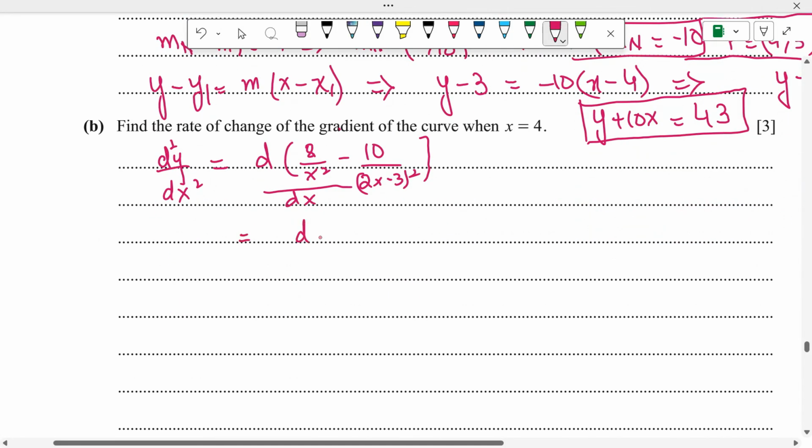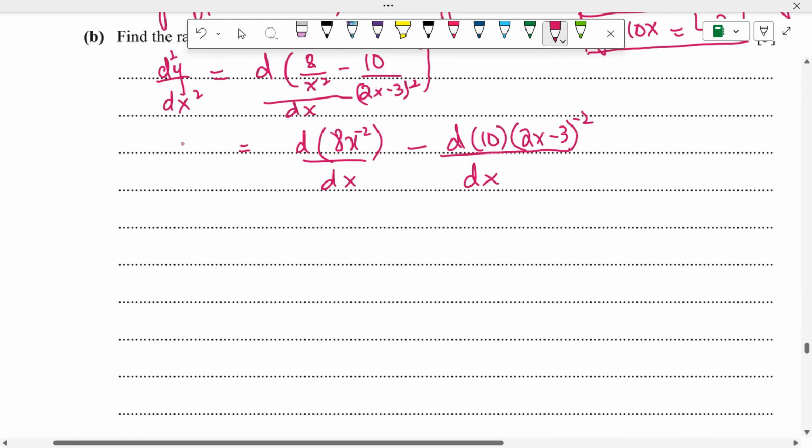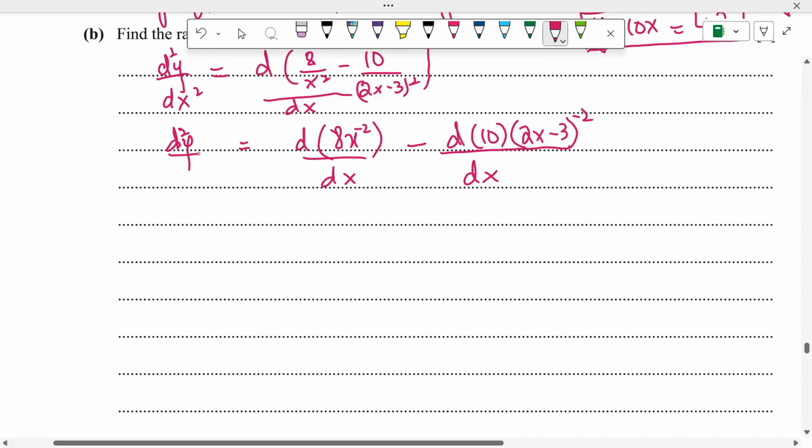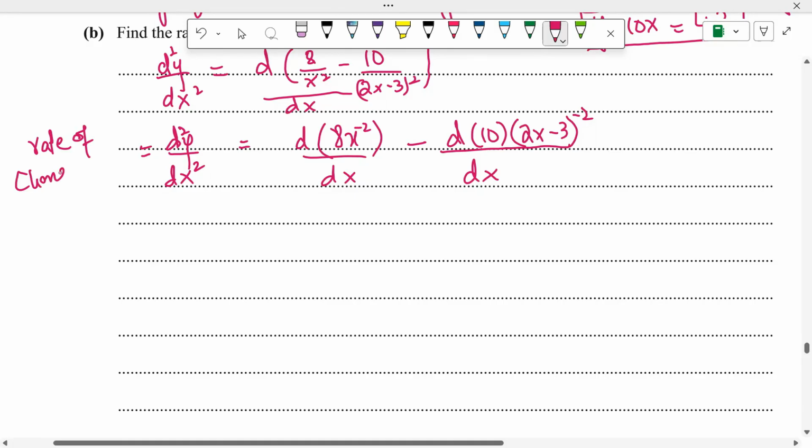So the derivative of 8x^(-2) with respect to x, minus the derivative of 10(2x - 3)^(-2) with respect to x. This is the second derivative, the rate of change of gradient.